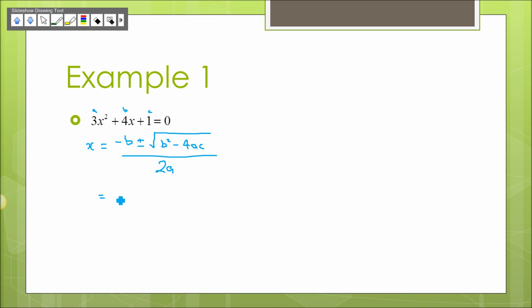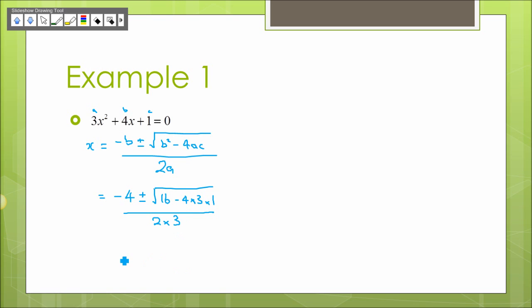So minus b, so minus 4, plus or minus the square root of b squared, so 16, minus 4 times 3 times 1, over 2 times 3.